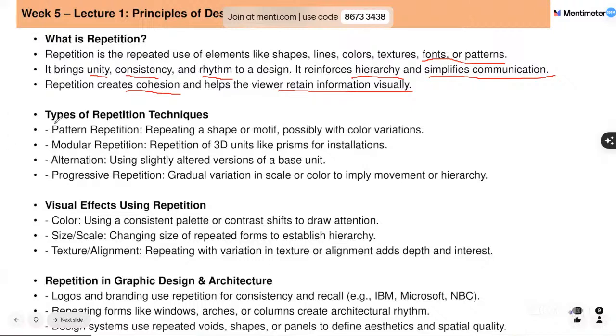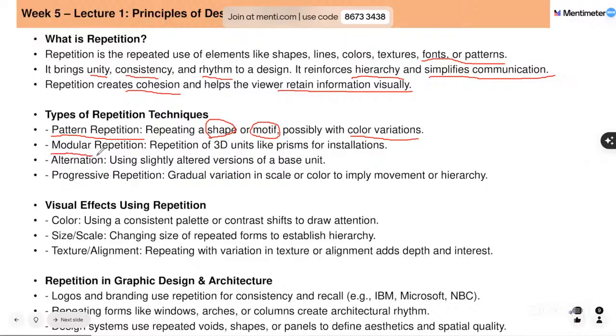Then we saw what are the different types of repetition techniques. So we can have pattern repetition, which is repeating a particular shape or a motif, maybe with color variations, or we can have a slightly different shape or motif with the same color variations.